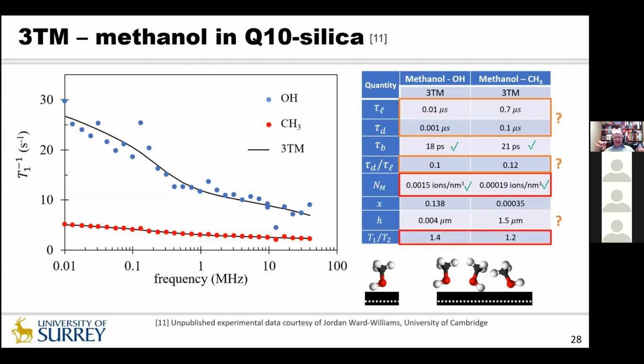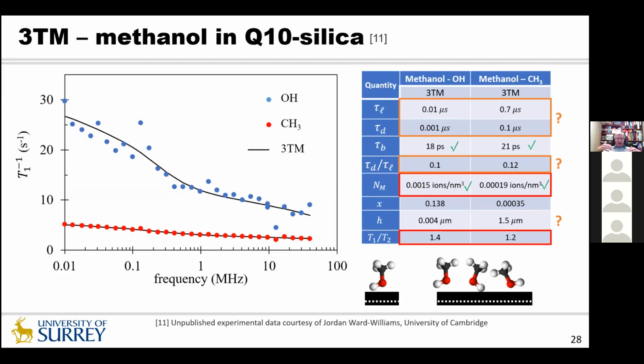Also, another area where I have absolutely no clue is the T1 over T2, which is between 1 and 2. So this is for methanol. And for the water that we've just looked at, we had 18 for T1 over T2.